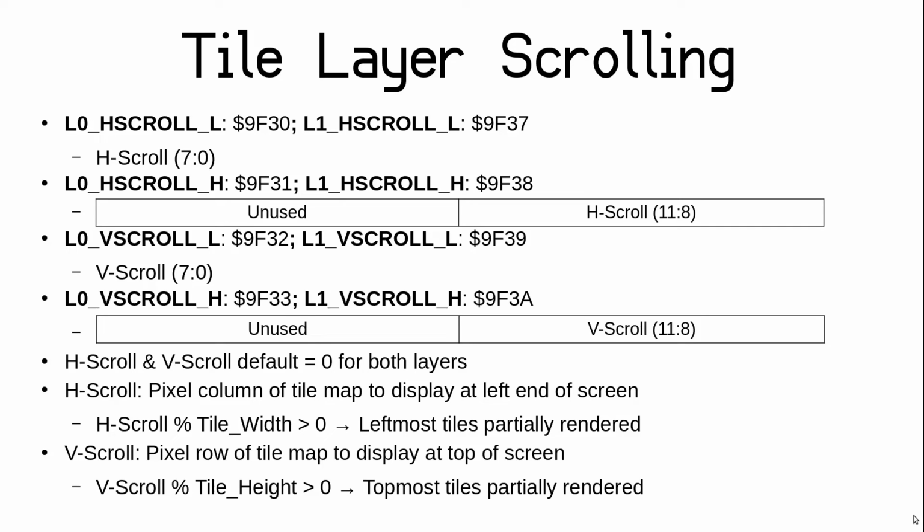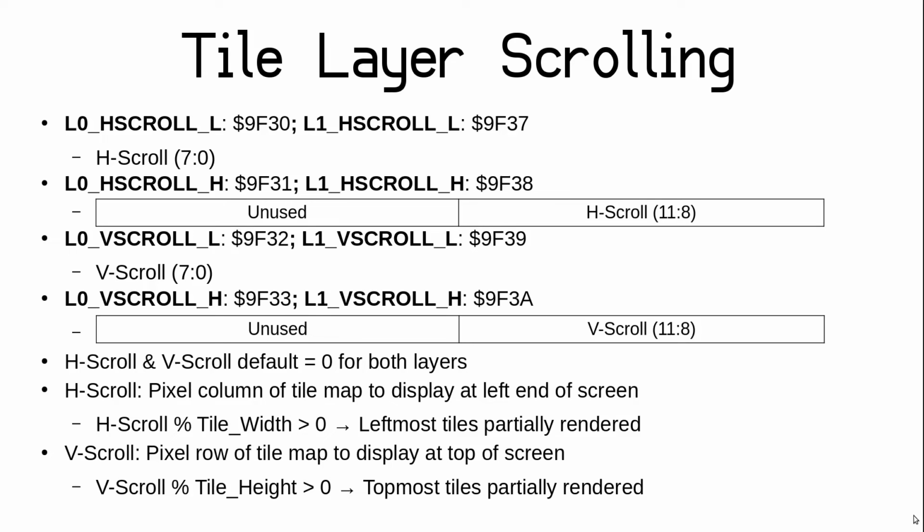There are 2 pairs of scroll registers for each layer, letting you set 12-bit scroll values for both horizontal and vertical directions. Scrolling only works for text and tile layers, which is why the tile maps can be much bigger than the display. By default, both layers have scroll positions of 0 and 0, meaning the display will show the upper left corner of both maps.